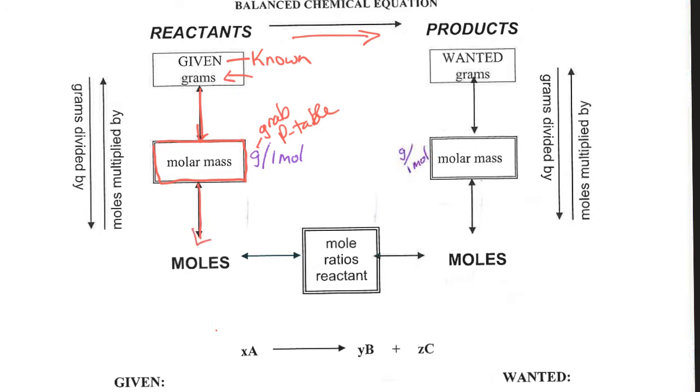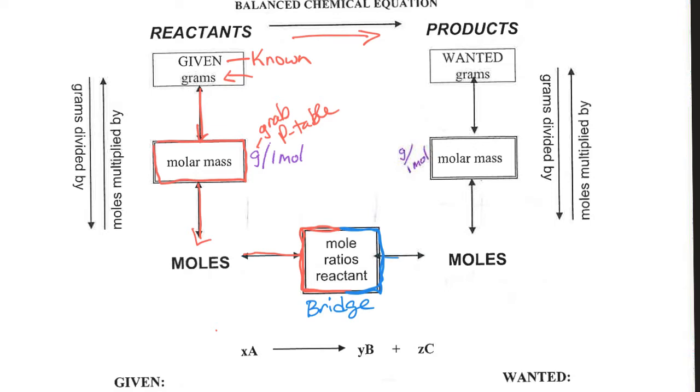From moles, we're trying to switch from the reactant side to the product side, or maybe even to another reactant. So basically what we're switching to is going from our known to our unknown. And this is going to be the bridge that takes us from the one reactant, or that is our known, to the product, or whatever is unknown.